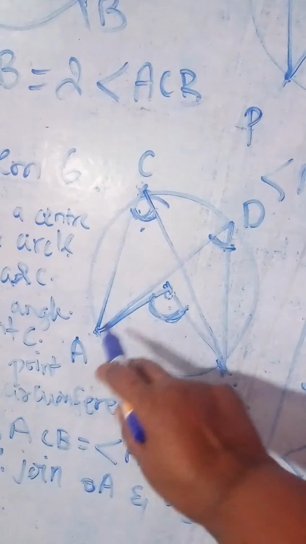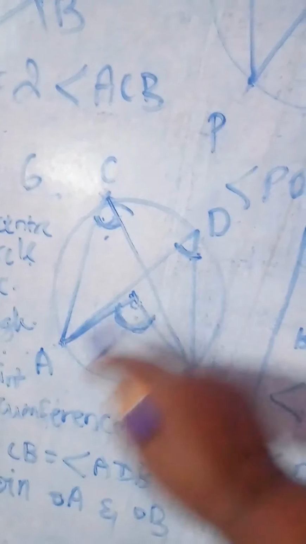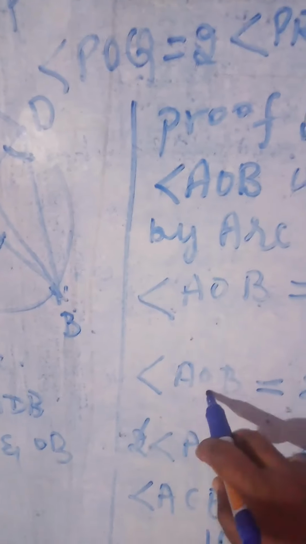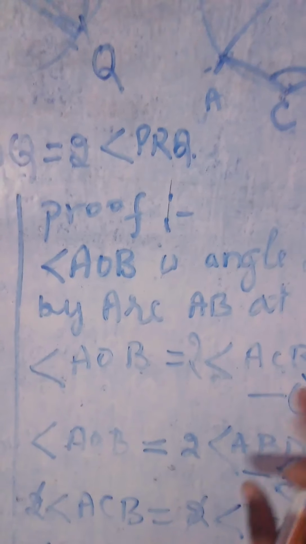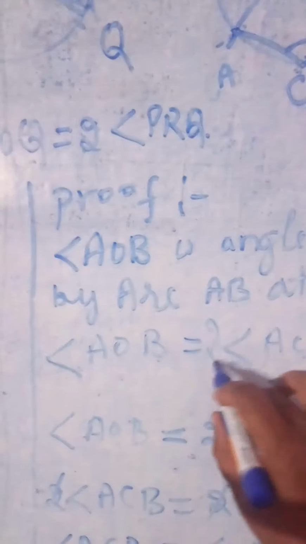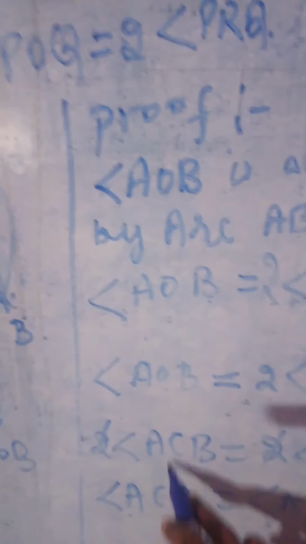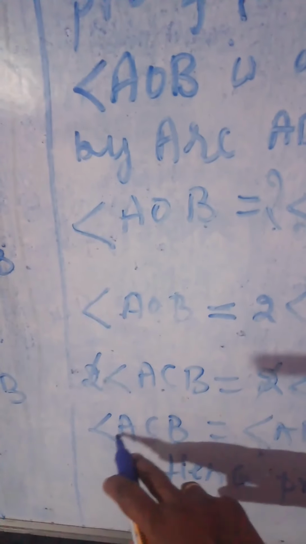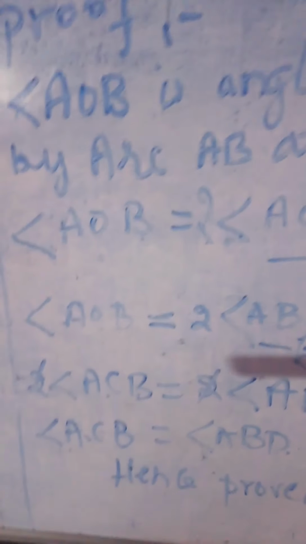Same way, angle AOB is equal to 2 times angle ADB. That is 1 and 2. When we equate them on the right hand side, 2 angle ACB is equal to 2 times angle ADB. The 2 gets cancelled, so angle ACB is equal to angle ADB. Hence proved.